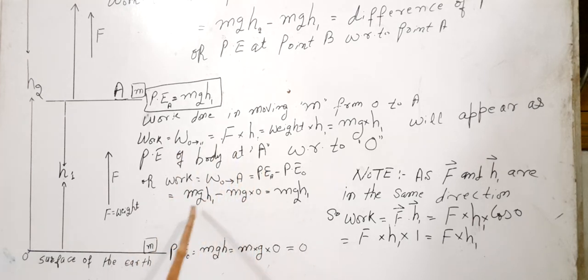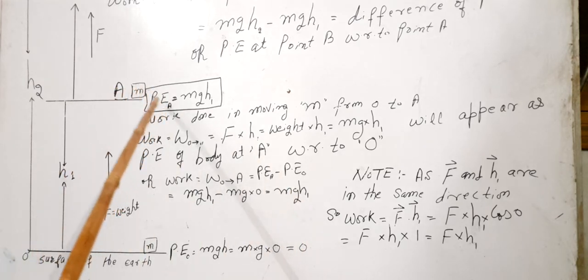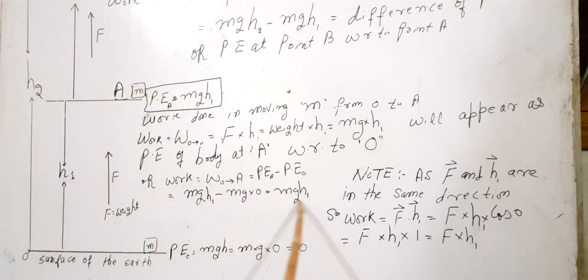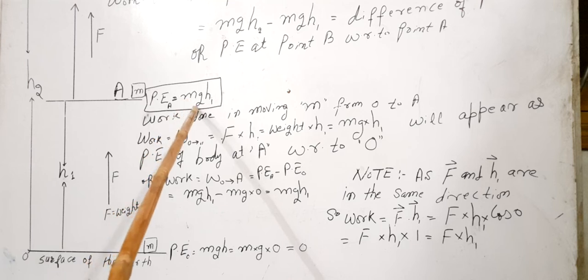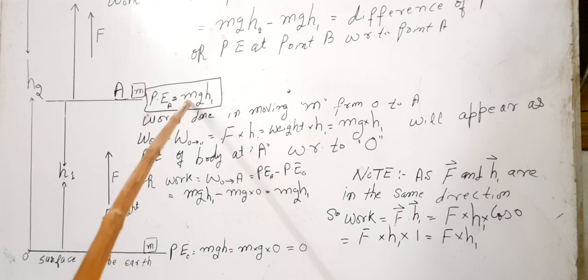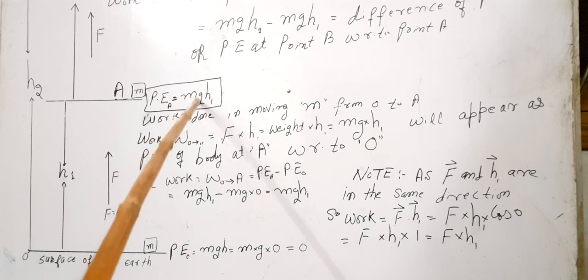Therefore, in our formula, mgh1 minus, we have already calculated that the potential energy at the ground is equal to mg0. Therefore, our potential energy at A will be equal to mgh1, or by directly applying the formula, it can be shown that it will be equal to mgh1.